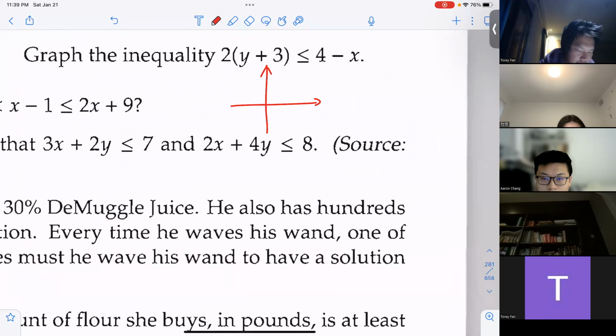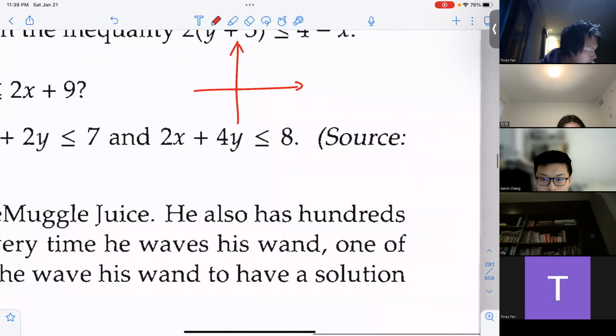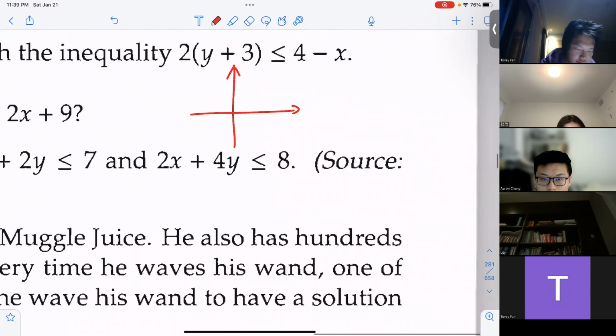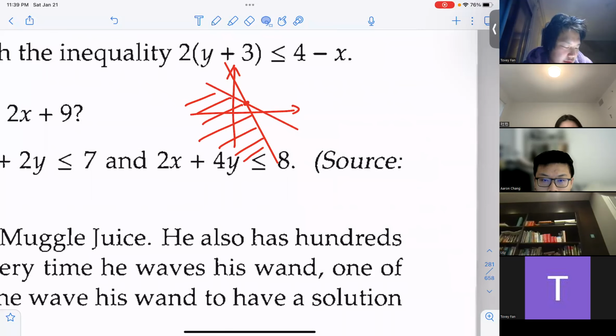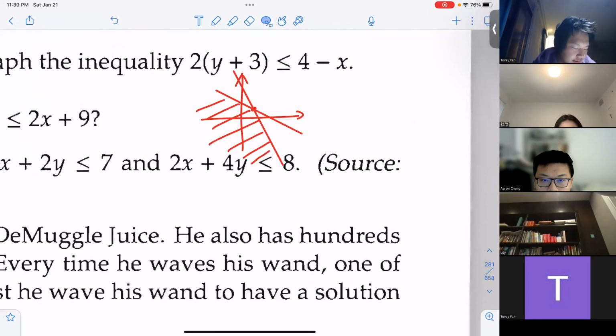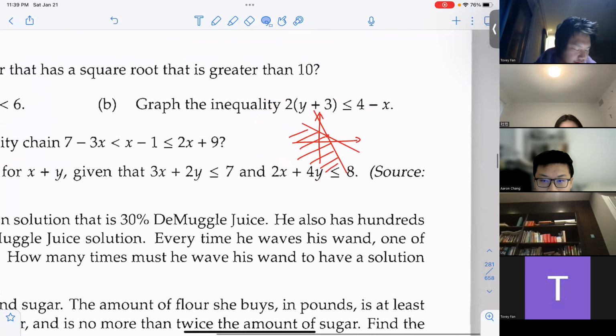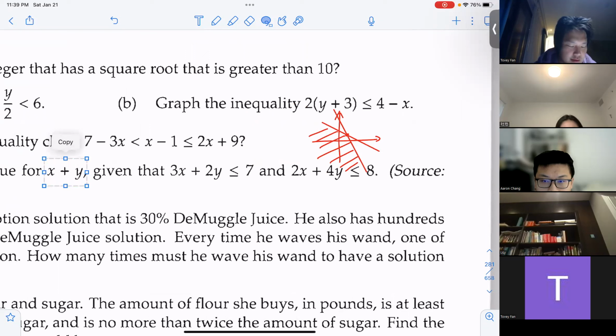The first one is roughly like this, and the second one is roughly like this, right? Something like this, and the solutions are this part. Now when you have something like this, you first ask yourself: you're going to find the value of x plus y, right?